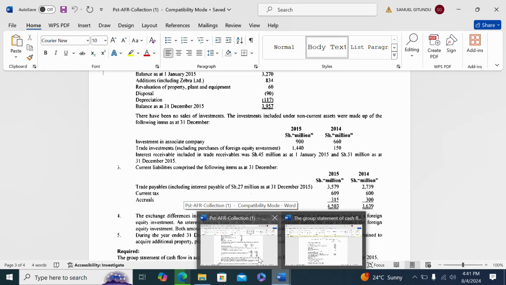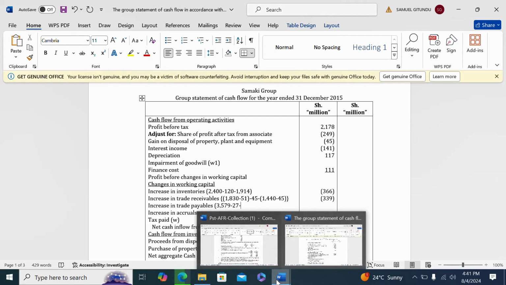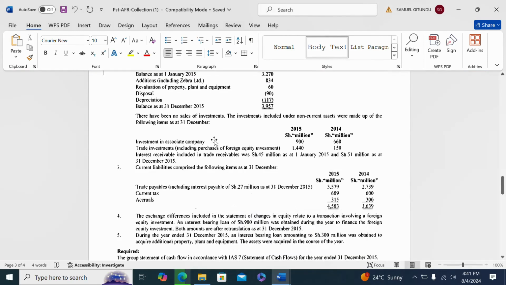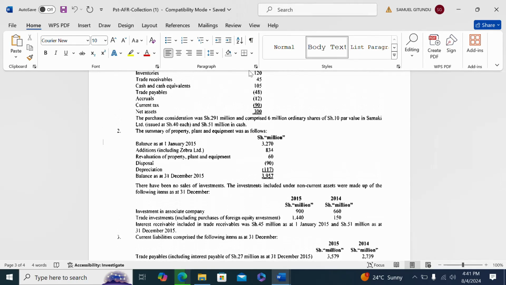That 579, we deduct the interest payable of 27. Then we deduct the trade payables that came from the subsidiary. How much trade payables came from the subsidiary? That is from Zebra Limited. I can see the trade payables that came from the subsidiary were 48 million.